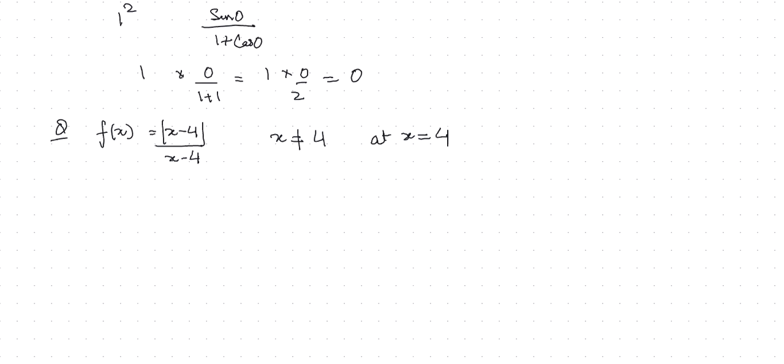So let's first find the left-hand limit of this. Left-hand limit means if the function is going on like this, it's not like this and this, but just the values before 4. That is the left-hand limit. And the values after 4, very close to 4, but on the right side, greater than 4, is the right-hand limit.